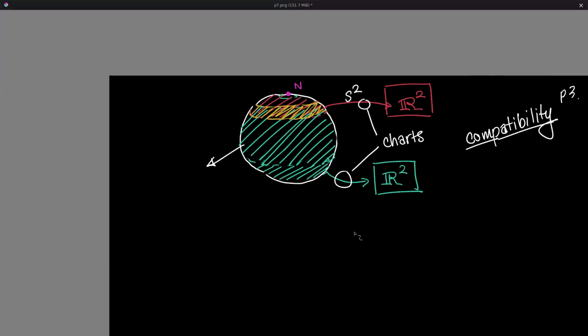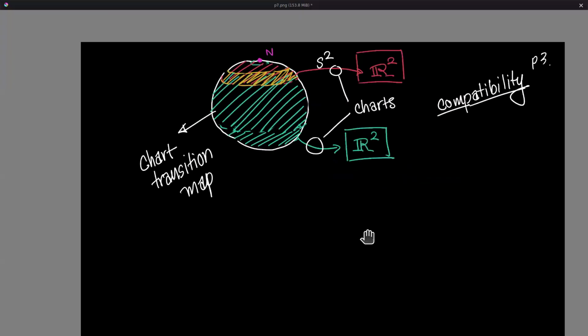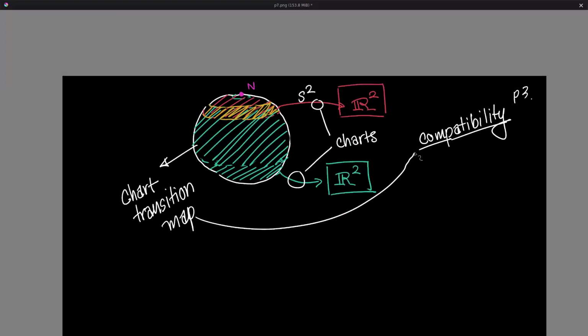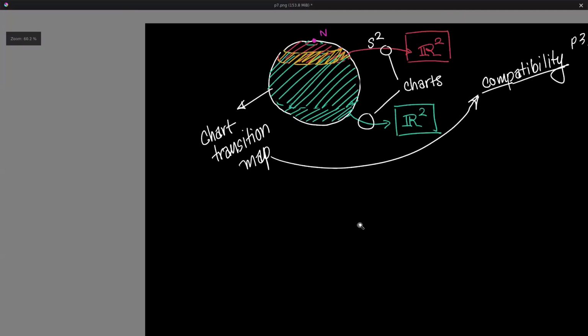There's going to be a function that takes us from one chart to the other, and we're going to call that a chart transition map. Those chart transition maps have to satisfy some suitable definition of compatibility. So let's get onto it.